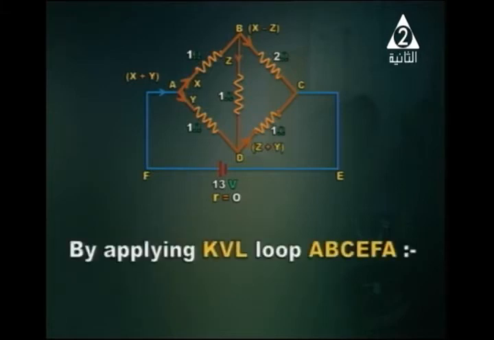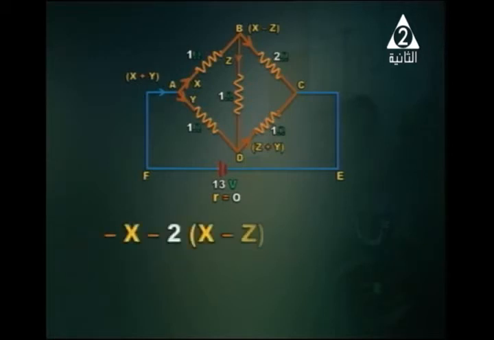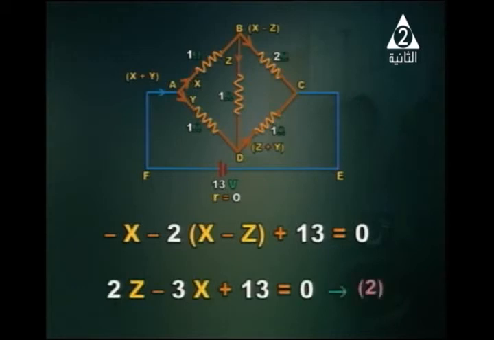Applying KVL, Kirchhoff voltage law, on loop A, B, C, E, F, A. Okay. So we can say minus X minus 2 between two brackets X minus Z plus 13 equals 0. We'll rearrange this. So 2Z minus 3X plus 13 equals 0.